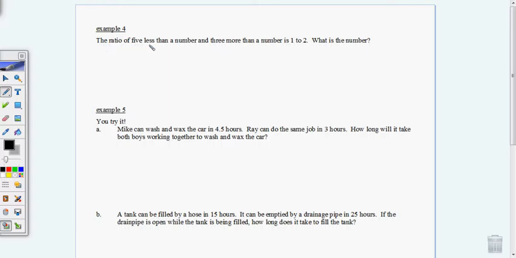The ratio of 5 less than a number and 3 more than a number is 1 to 2. First of all, you need to go back, think about geometry. Ratio is another word for fraction. So when I hear the word ratio, I'm thinking fraction. Well, the first thing is x is going to equal some number.